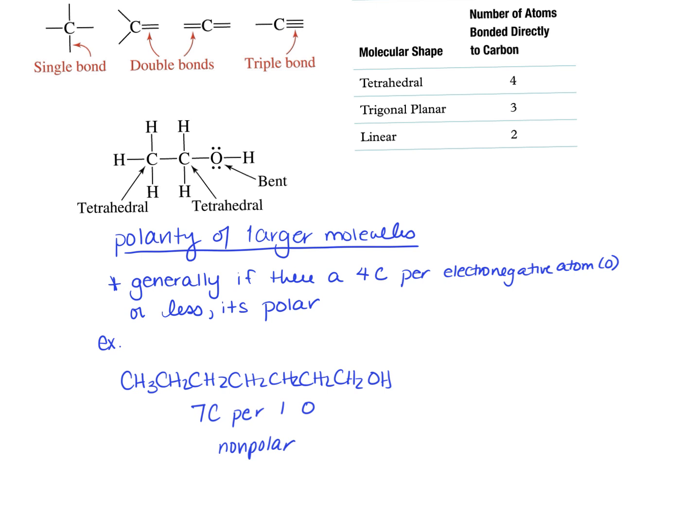It's more than 4 carbons per oxygen. However, if we compare it to ethanol, which is this molecule, there's 2 carbons per every 1 oxygen. And so that tells us it's polar. So this is one of the ways that we can identify if these larger molecules are going to be polar or nonpolar.